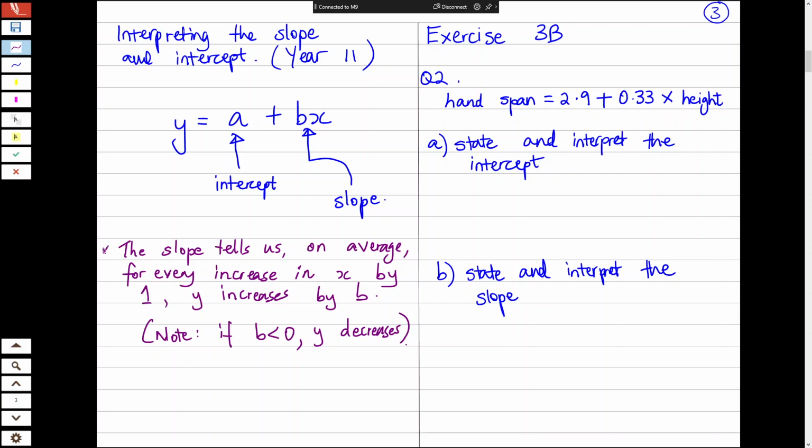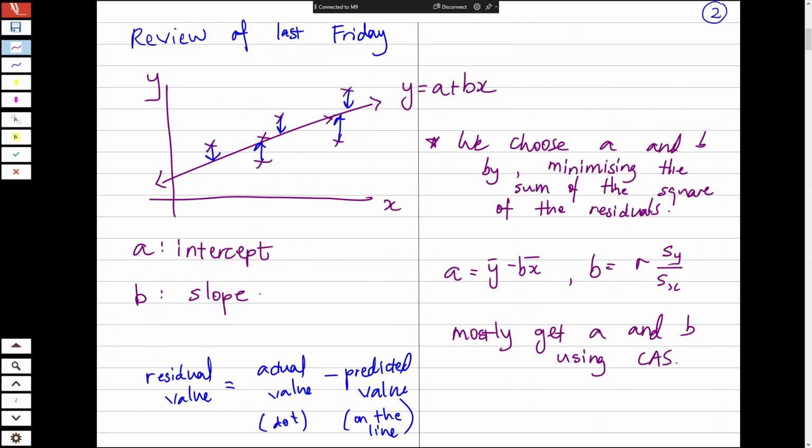Okay, so that's the slope. What about the intercept? So guys, I don't quite know how to get this across to you, but I'm just going to try. This line that we fit to the data is just a model. It's just a prediction.